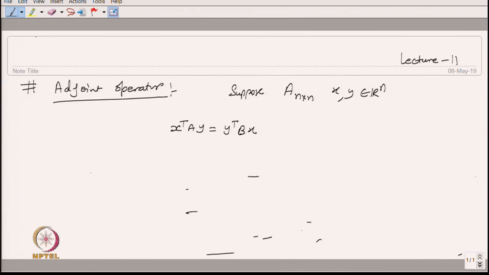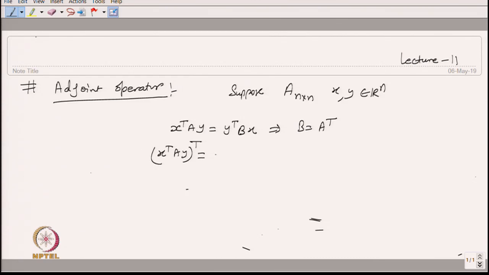If you see here, the roles of x and y have been interchanged. So x transpose A y becomes y transpose B x. If this is possible for all x and y, then we say that B is A transpose. How is it happening? I have x transpose A y, and I take the transpose of this.